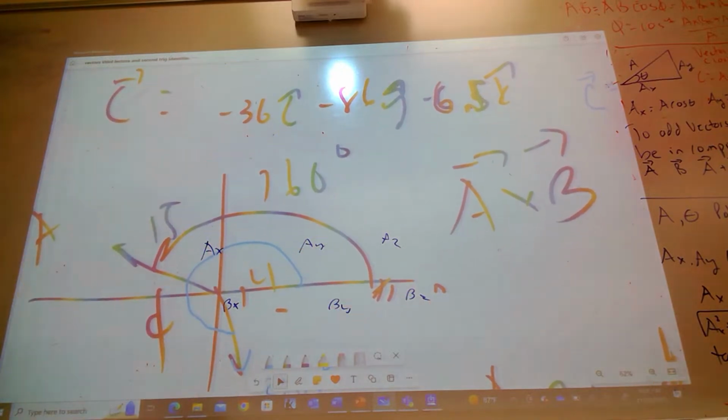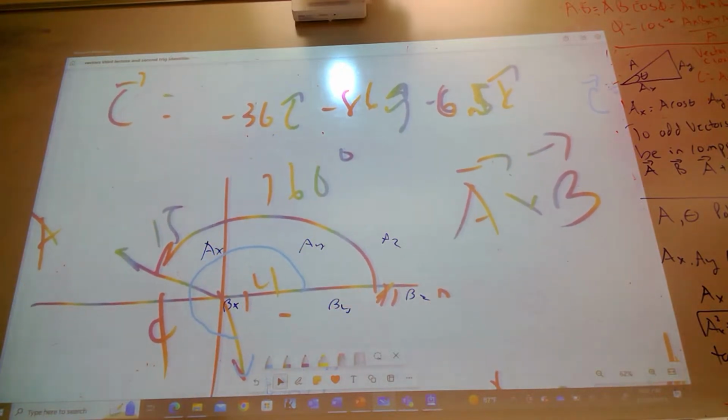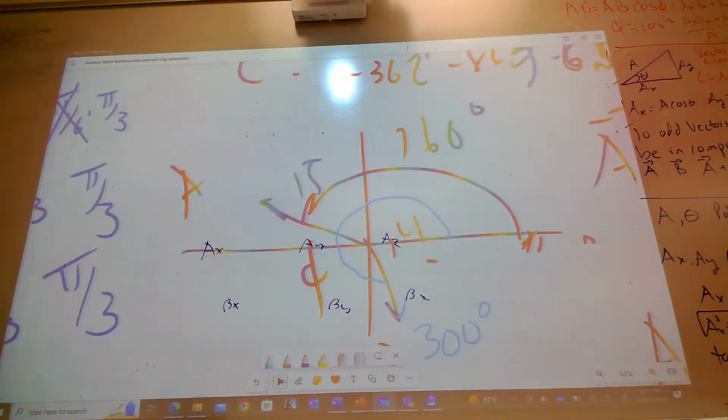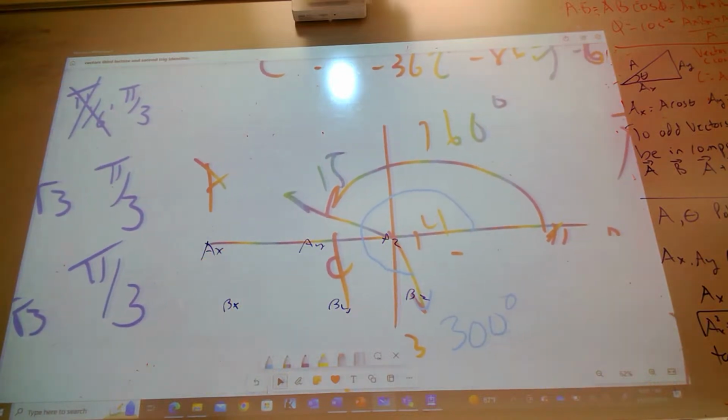Okay, now let's do another one. I have A is 15. It's 160 degrees out. B is 3, and it's 300 degrees. So I want to know what is the cross product here.